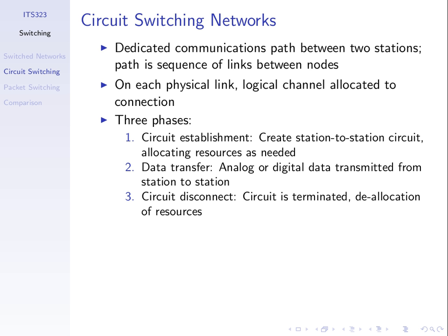If they don't, maybe here, this link has a capacity of 50 calls. Currently, there are 50 calls in progress from 7 to 6. Why? Because there are other nodes out here, other stations making telephone calls at the same time through this telephone exchange.